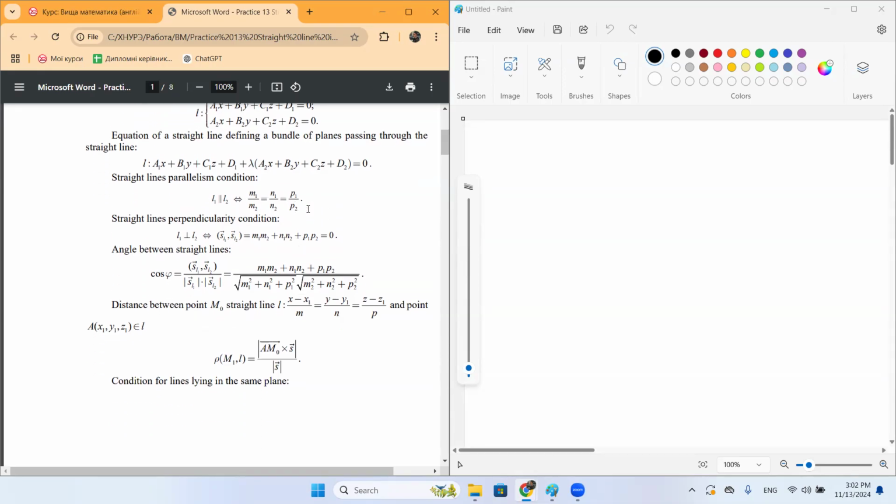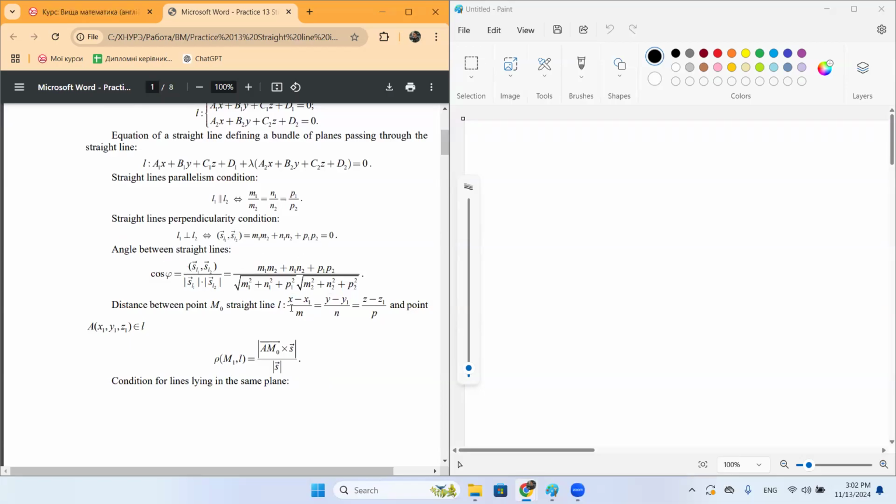Then the condition of straight line parallelism: coordinates of direction vectors are proportional for both lines. Then the perpendicularity condition: straight lines are perpendicular if the scalar product of their direction vectors is 0.